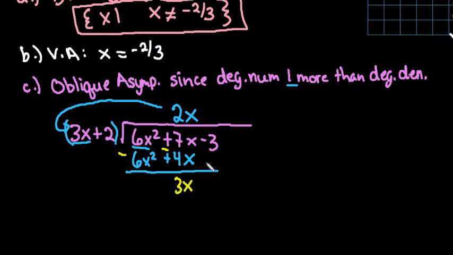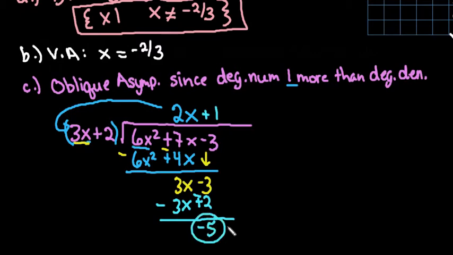So we would have 3x and we would bring down the negative 3. Then again, we just look at the first number and figure out what I would multiply 3x by to get 3x, and that would be plus 1. If I multiply that through, that gives me 3x plus 2. And if I subtract these values, I have a remainder of negative 5.